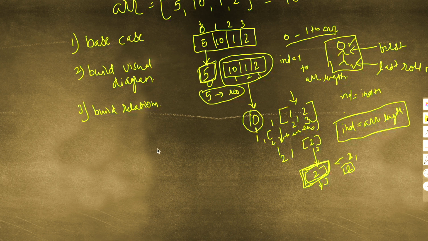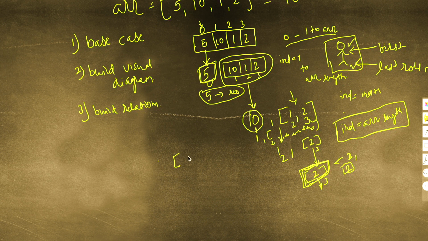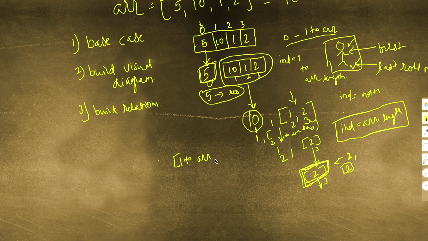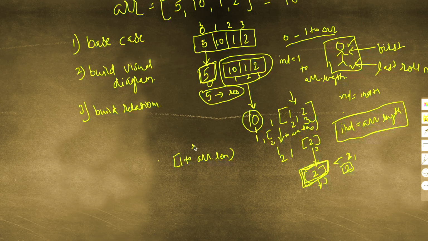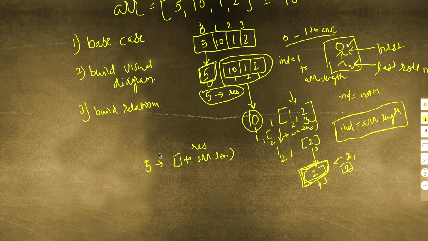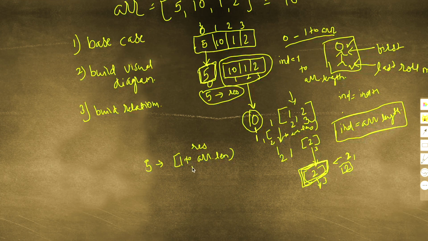Relation means what? Simply what I'm doing here is I'm asking my subarray from 1 to array.length, and once I get the result from this subarray I will compare 5 with that and update my max. Correct? Same thing will happen for this subarray. I will split it into two arrays.